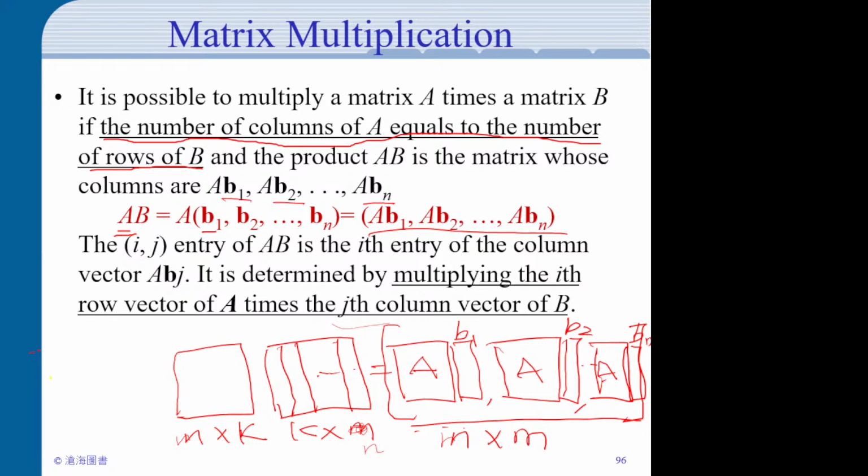Let's just write again, n by n. And we have been talking about how you do matrix multiplied by a vector. Then you can think of matrix multiplied by matrix as just a whole bunch of matrix-times-vector products put together. So there should be n vectors here.